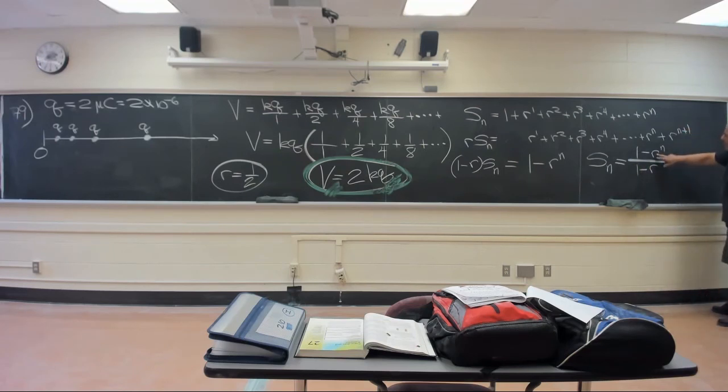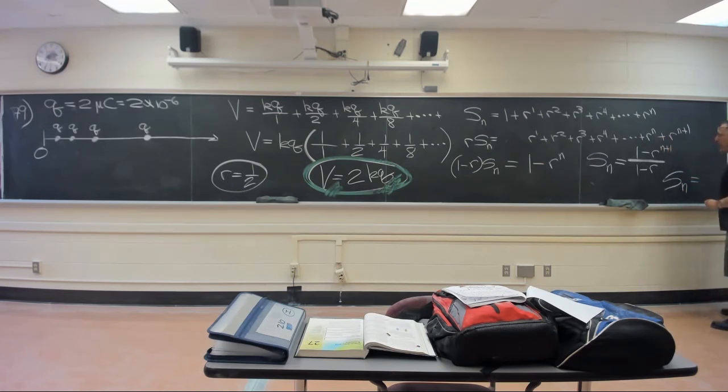If r is a number less than 1 and n goes to infinity, any number smaller than 1 exponentiated toward infinity goes toward 0. So in the limit for an infinite sum, the r to the n goes to, I'm sorry, forgive me, that's r to the n plus 1 rather.